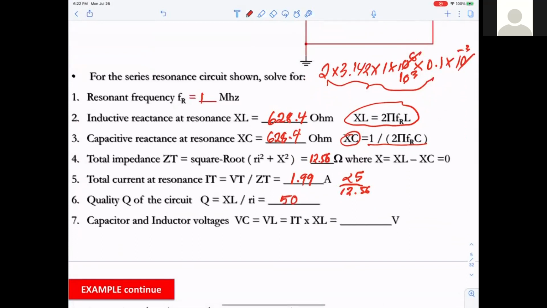Is it right? Yes, sir. Q equals 50. Now, the capacitor and inductor voltage is IT times XL. So IT 1.99 times 628.4 gives 1250.